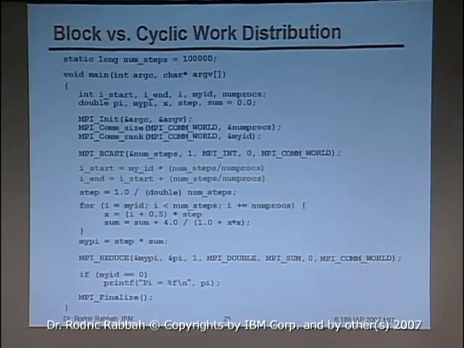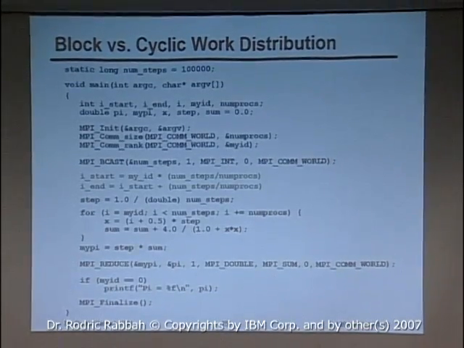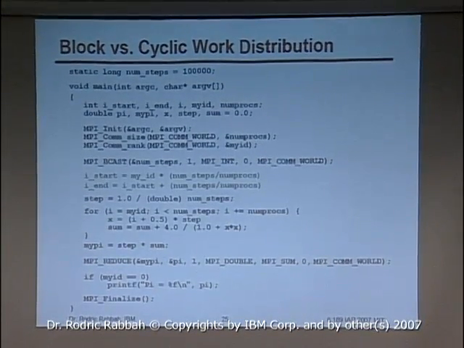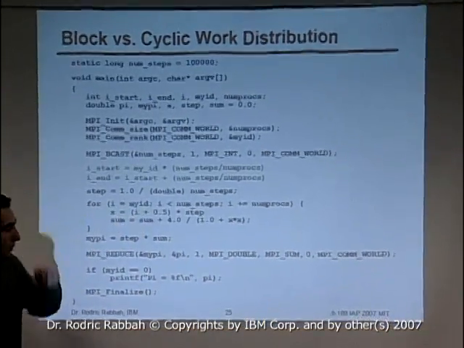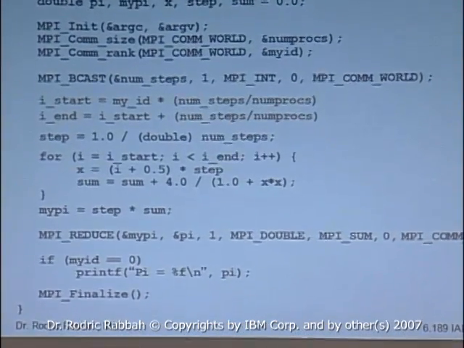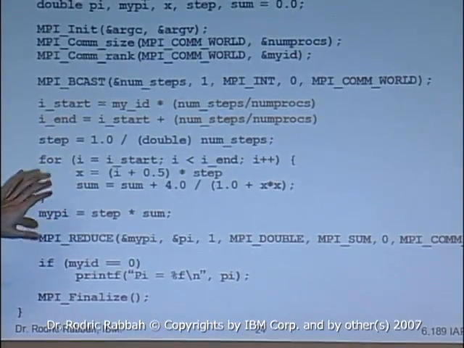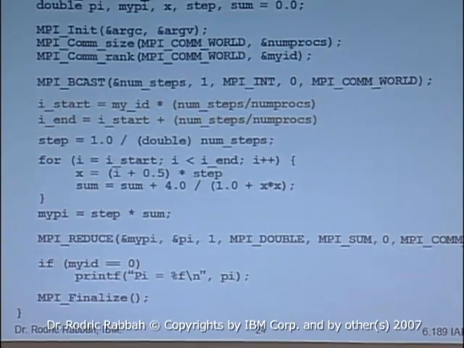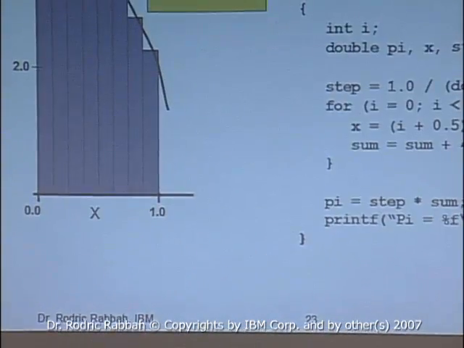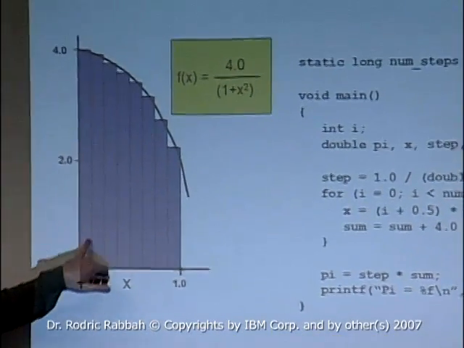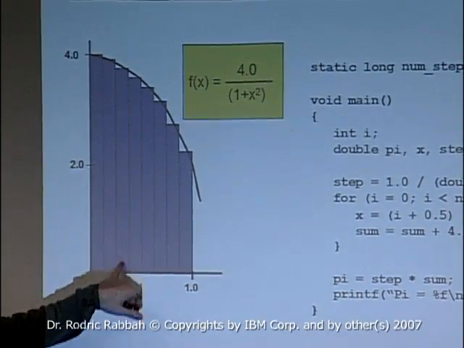But I can do a different distribution. The first is a block distribution. I can do something called a cyclic distribution. In the cyclic distribution, I distribute work in a round-robin fashion or some other mechanism. In the block distribution, each processor gets one entire slice here.